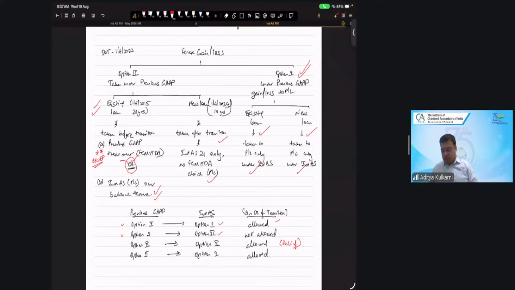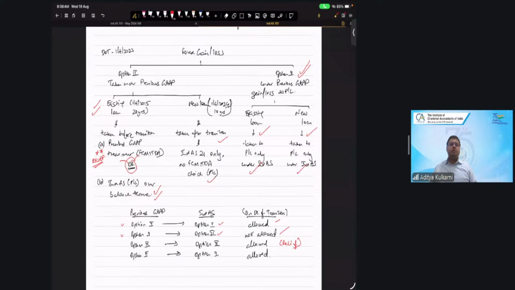So therefore, if you were following something correct earlier, and I am putting correct in quotes because it is not about correct or incorrect, it is about something that was already in line with Ind AS, then after transition you cannot avail option 2. It is not allowed. In the previous GAAP, I was doing an activity as per para 46A.